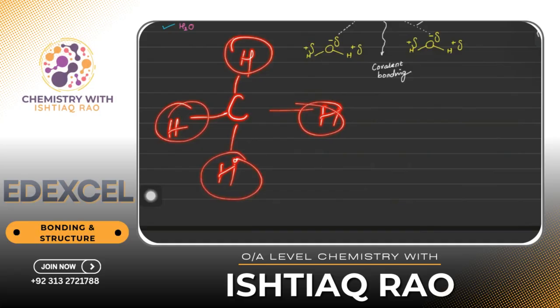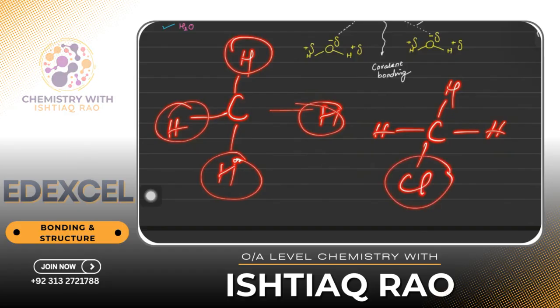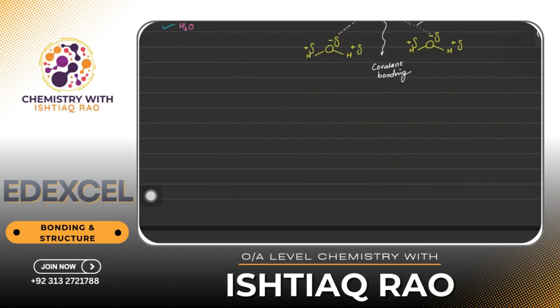Same, they are going to cancel each other, so the compound is non-polar. What if I have this one? Due to this chlorine, it becomes unsymmetrical, so this is polar because they're not cancelling each other. So you have to check. This is known as dipole moment.